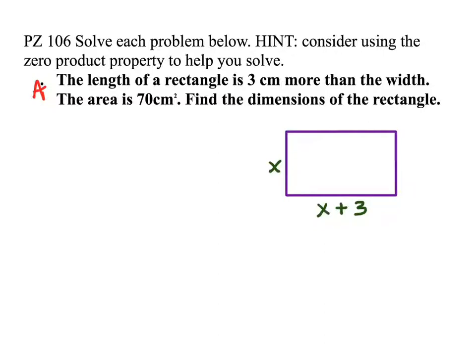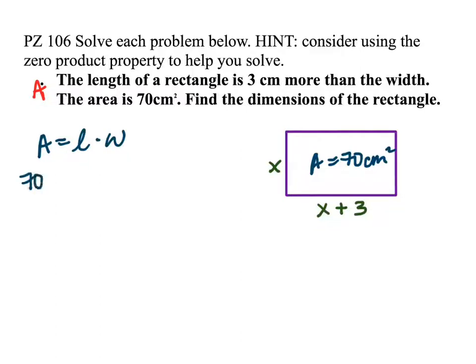So now we're saying, well, I know the area of this, the inner area, is actually 70 centimeters squared. So now that I've labeled this drawing, I'm going to work through what I know. I know that the area formula is the same thing as length times width.